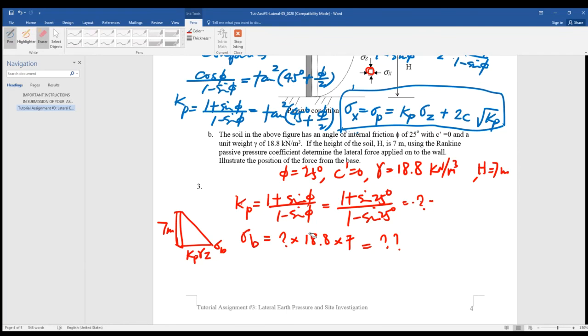Because that is the Kp times the vertical stress that gives you this double question mark, the bottom stress.